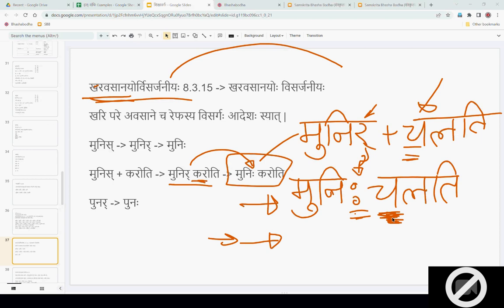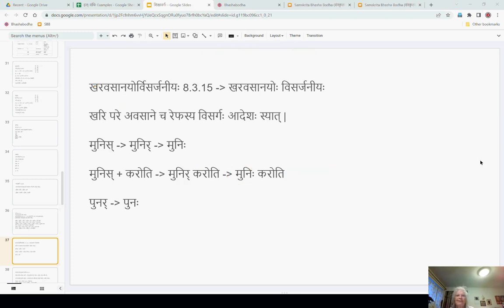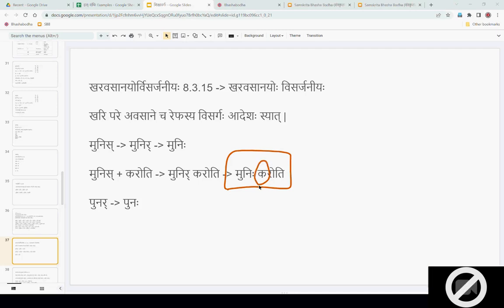Even if it is a hard consonant, it depends whether it stops there, because the following sutras after this 8359 might again alter this form.